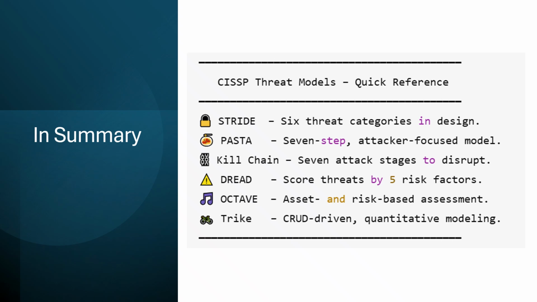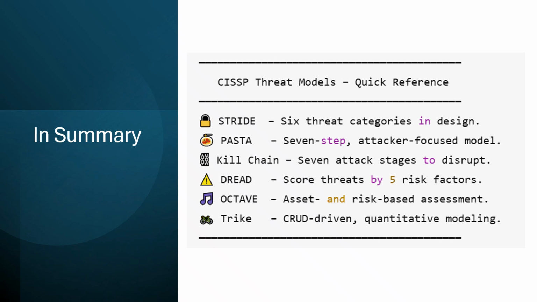The CISSP Objective 1.10 focuses on understanding and applying threat modeling concepts and methodologies to identify, assess, and mitigate potential security threats. It involves systematically analyzing systems, applications, or processes to uncover vulnerabilities and anticipate attacker behavior.